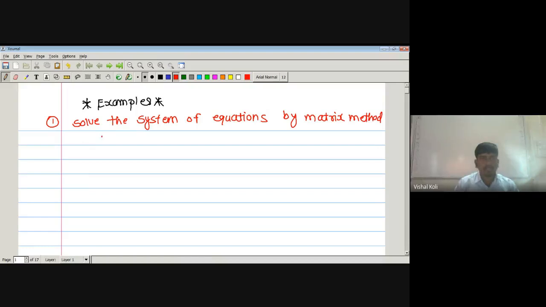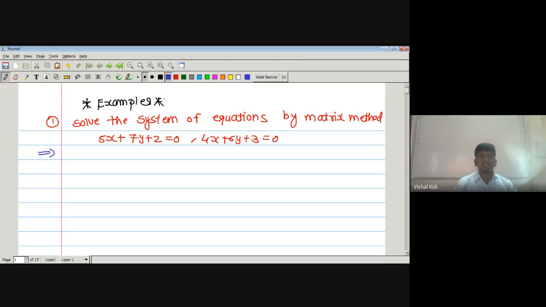The equations are 5x plus 7y plus 2 equal to 0 and 4x plus 6y plus 3 equal to 0. So we have two equations in two unknowns x and y, and we have to find its solution by matrix method.